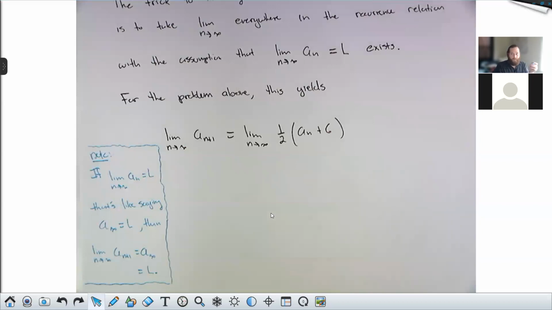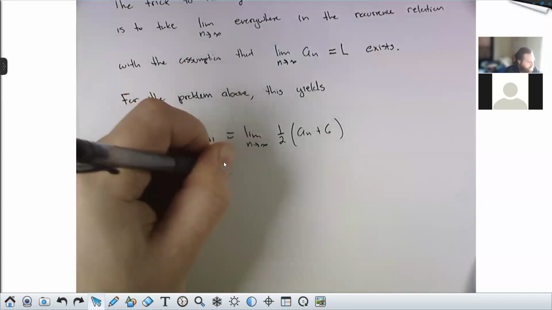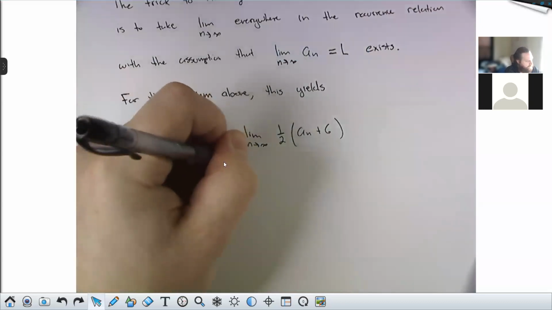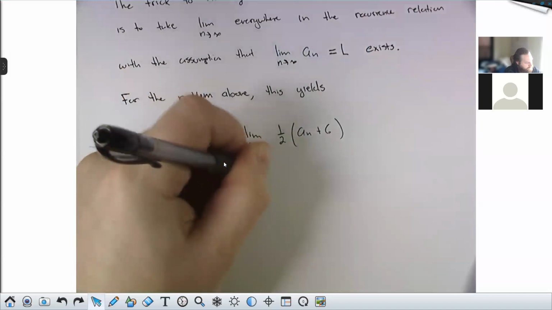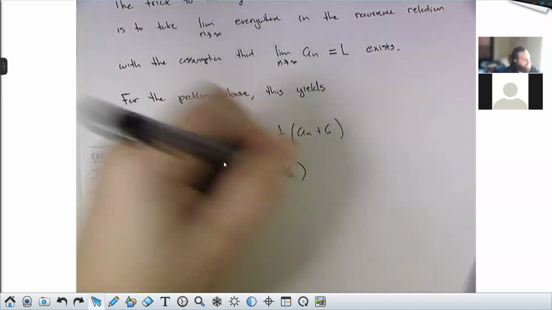So if a_n is getting closer and closer to L as n gets bigger and bigger, a_(n+1) must also be getting closer and closer to L. So if lim n to infinity of a_n is L, then lim n to infinity a_(n+1) is also L, which means that the expression above can be read as L equals 1/2 times L plus 6.